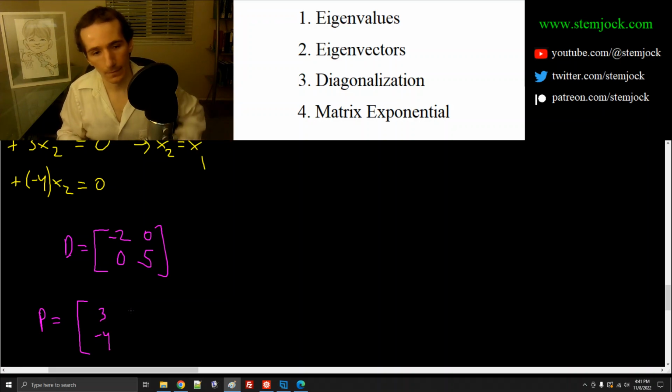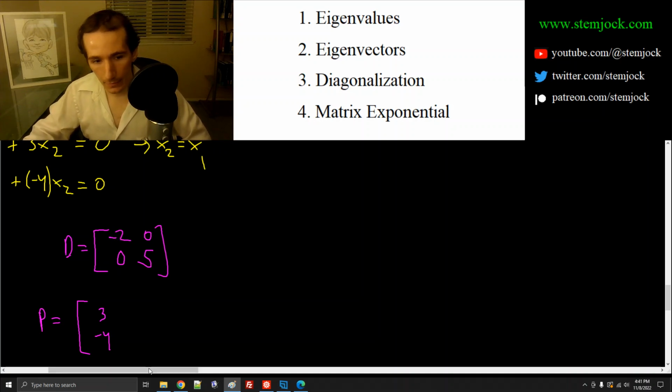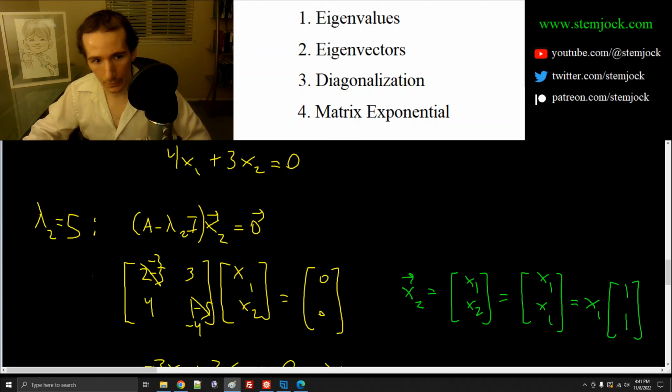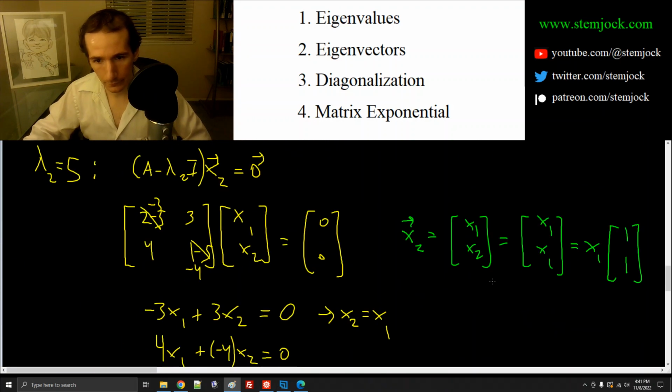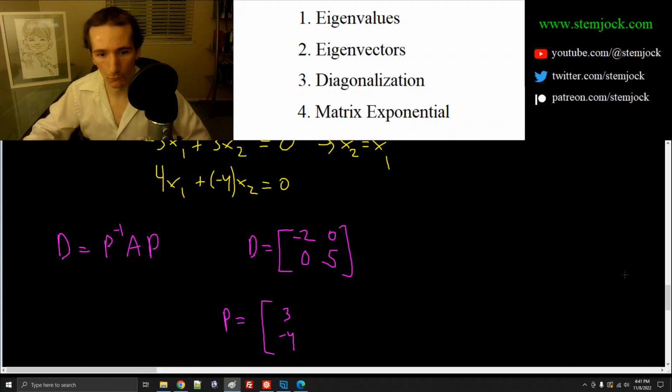Now, it's important that I put the 3, negative 4 in the same column as the one that negative 2 is in. And for the eigenvalue 5, the eigenvector is going to be 1, 1. So I'm going to put that here.